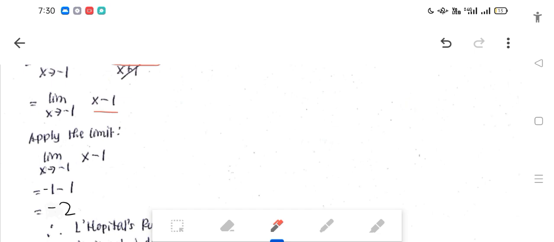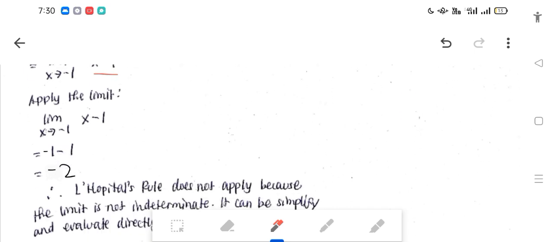So we're going to apply the limit. In applying the limit, we're just going to substitute negative 1 as the value of x. So negative 1 minus 1 is equal to negative 2.